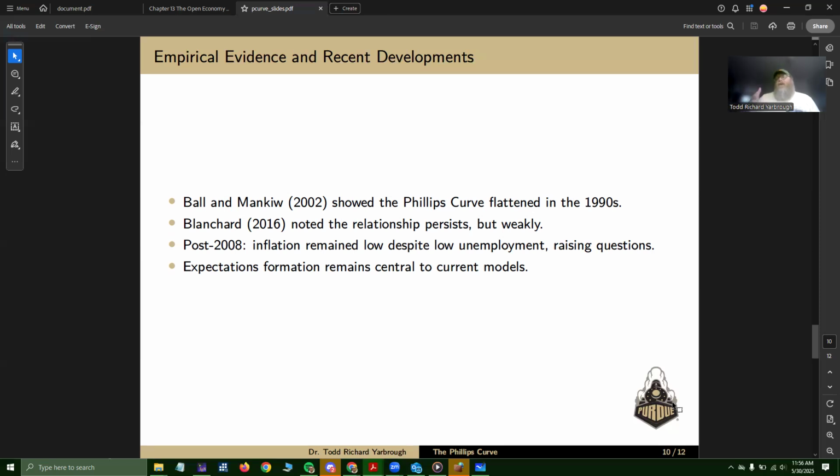And so, in a funny way, the argument is not that the Phillips curve doesn't exist; it's just flatter now. And what's interesting about that is that from a policy perspective, this is good because what it means is that we might be able to tamp down inflation and we don't need to cause as much unemployment as we thought we needed to before. Maybe we're coming back to this idea a little bit that inflation is a monetary phenomenon.